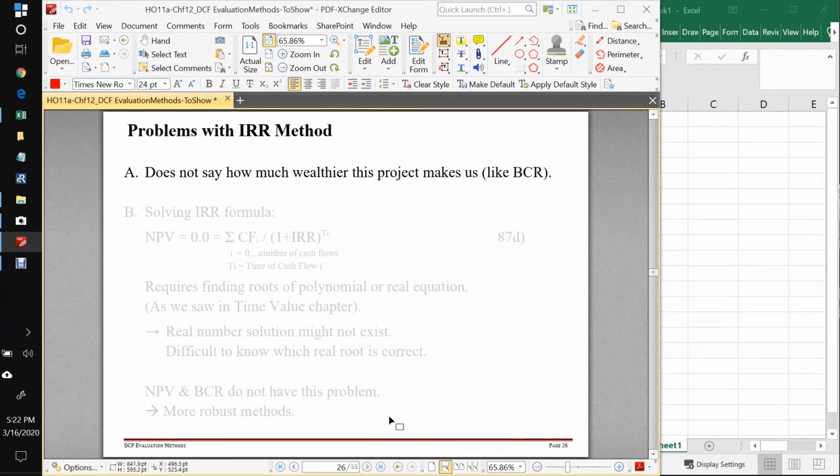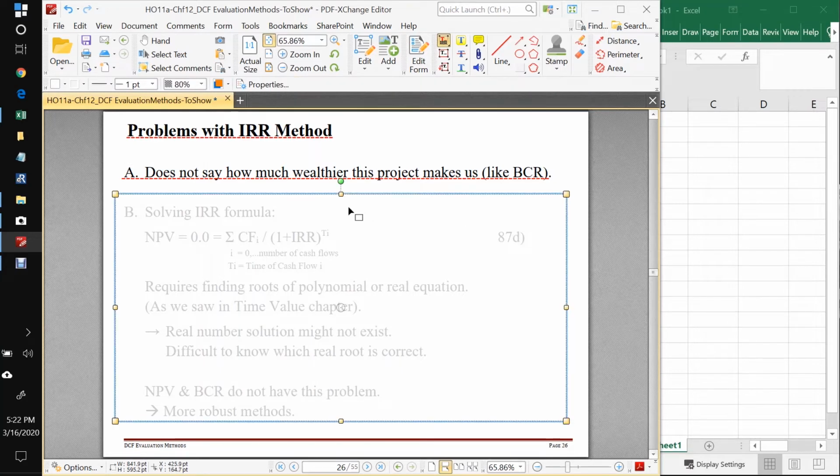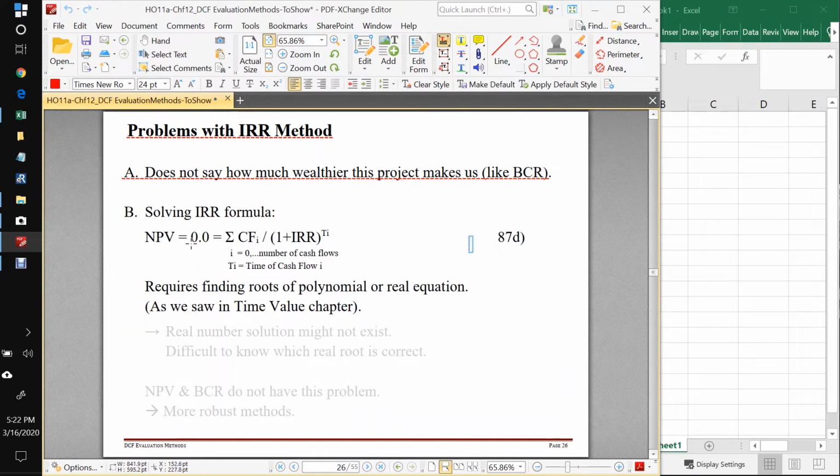That's the good news. The bad news is the IRR method has really big problems associated with it, so we can't always use it. Problem number one is just like the BCR method, it doesn't tell us how much wealthier this project is going to make us. Same problem we had with the BCR method. But the second one, which is more of a problem, is that we always have to solve this NPV equals 0 equation.